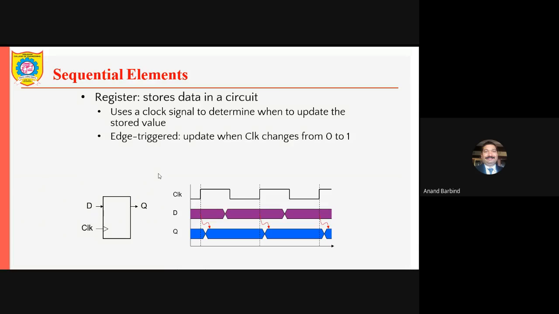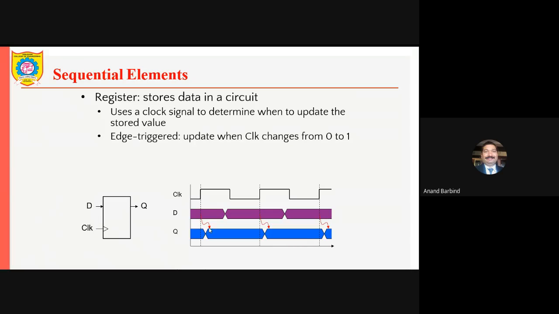So at the positive edge, whatever is the input at D, according to that the Q output is going to change here. This particular instant indicates the change in the state of this particular Q.